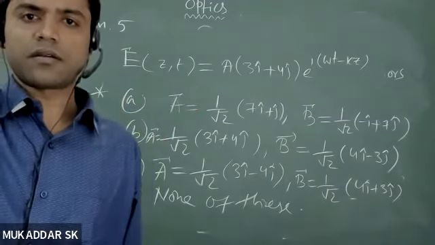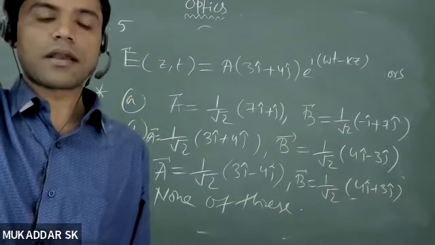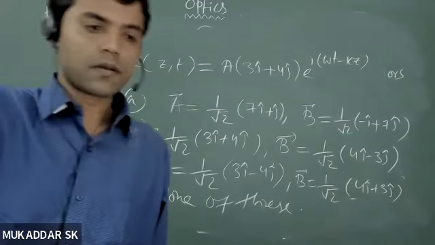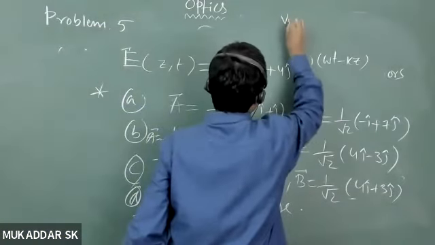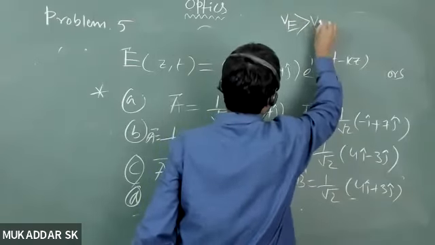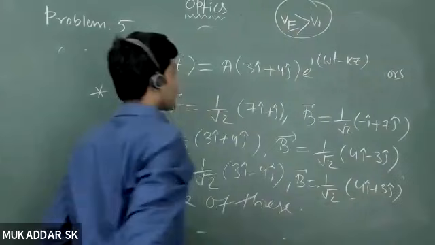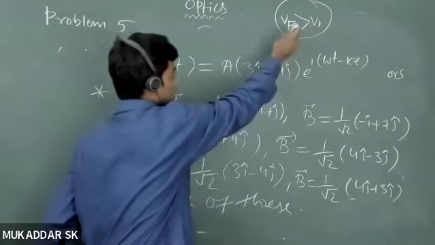Do you remember this plot? Wave front for negative crystal. Sorry, I am making a mistake. So for negative crystal, VE is greater than VO, right? Sorry, there is a misconception here.